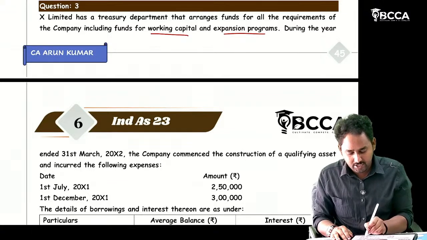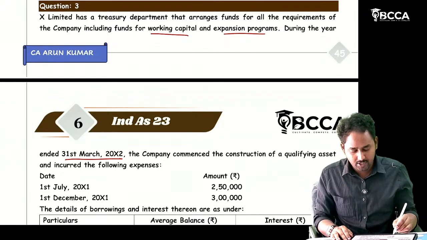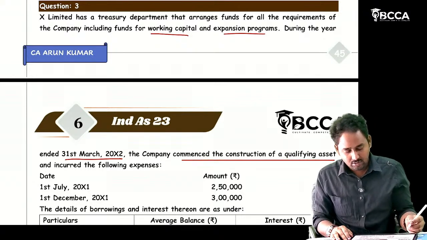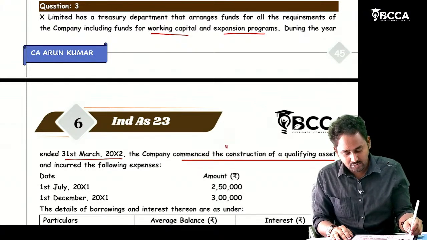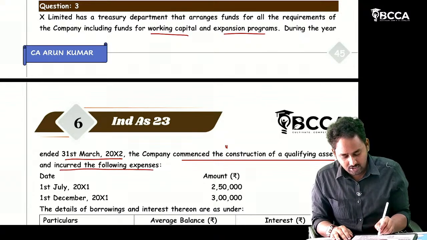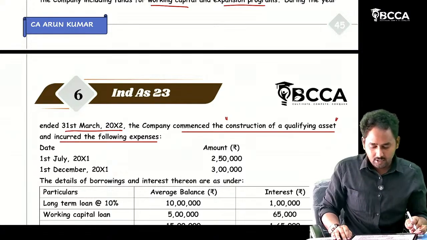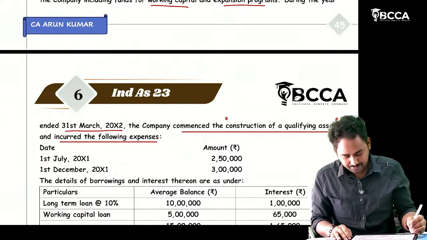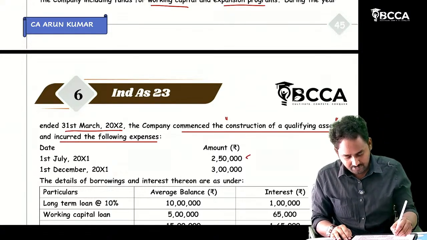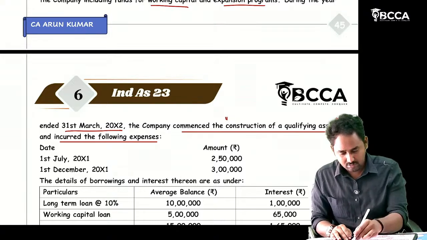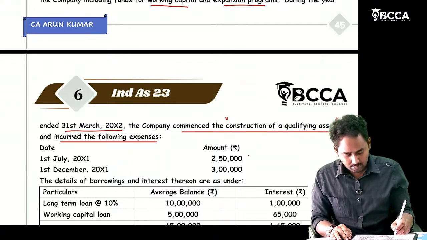During the year ending 31st March 2022, the company commenced construction of a qualifying asset. These are the dates of expenditure. This is also.